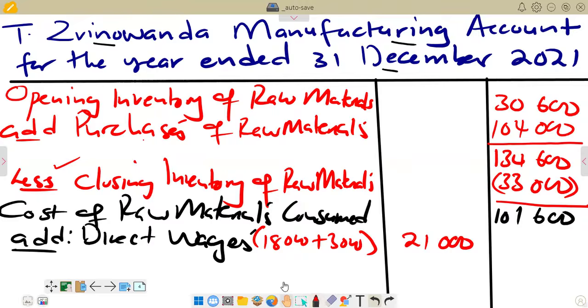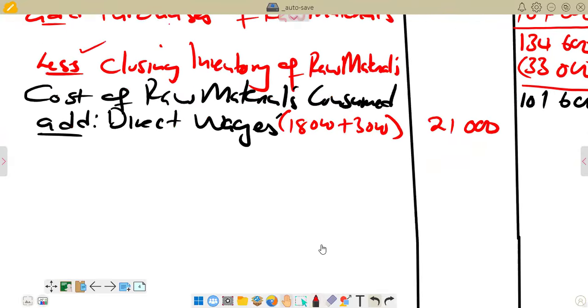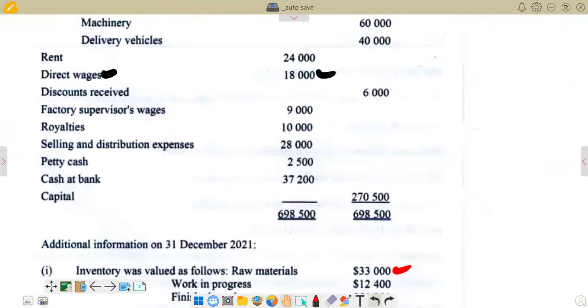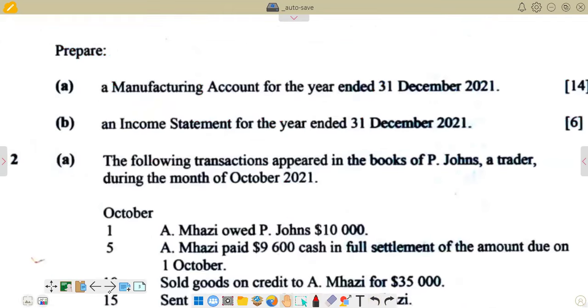So we can go to the next and try to see any other manufacturing overheads that we have in the question. If we come here, you see that according to any direct expenses that we have, we no longer have any. So what are we supposed to do?